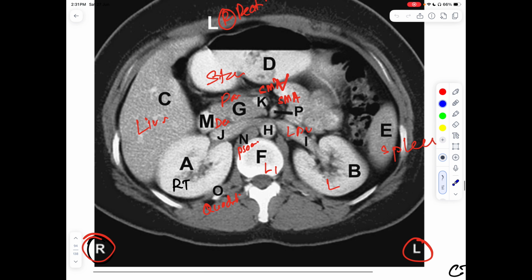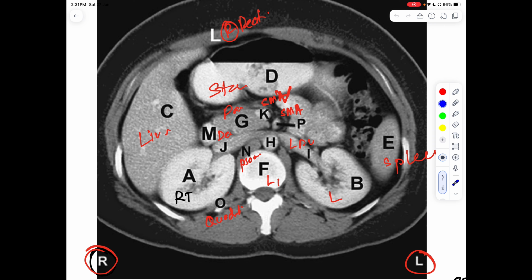This is another picture, a CT scan. This one is the right side, this one is the left side. You see the right kidney and the left kidney, and this is the renal pelvis. Here the liver is there, and the stomach is on the anterior side.